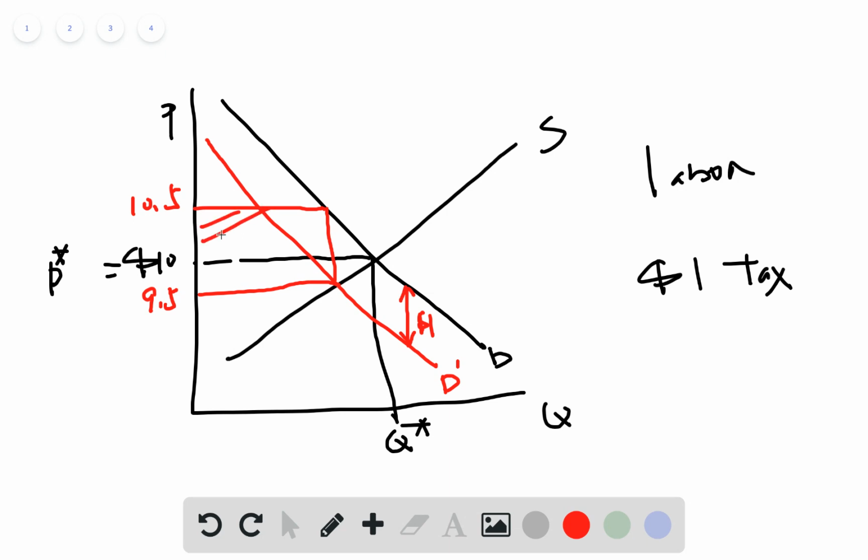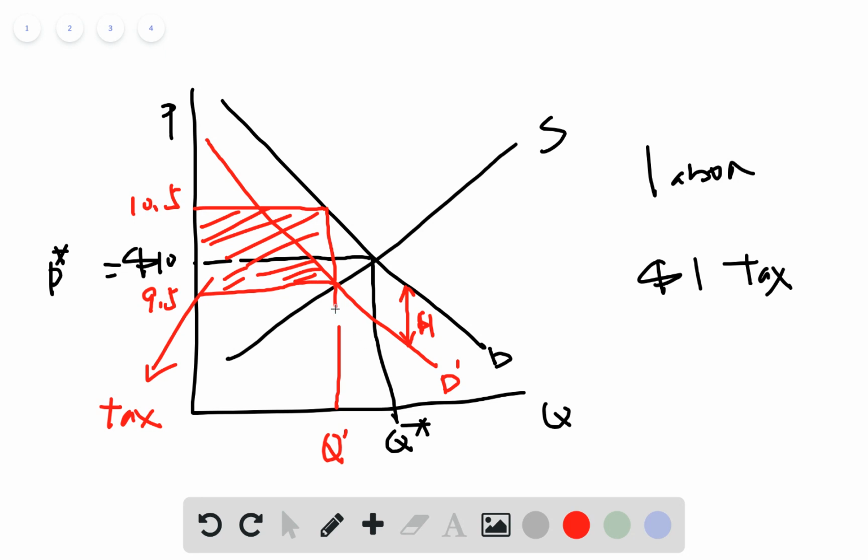So this area will be exactly the amount of tax that the government received. But you could see that the quantity now is actually Q prime rather than Q star. Okay, so it's actually less than Q star here.